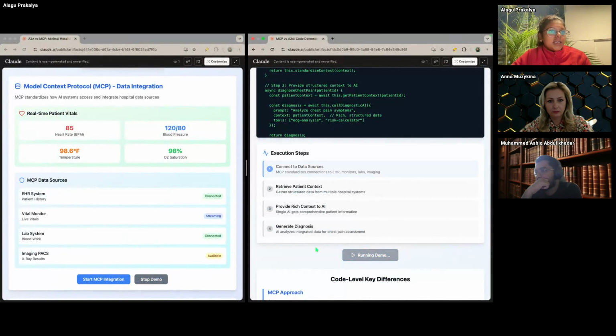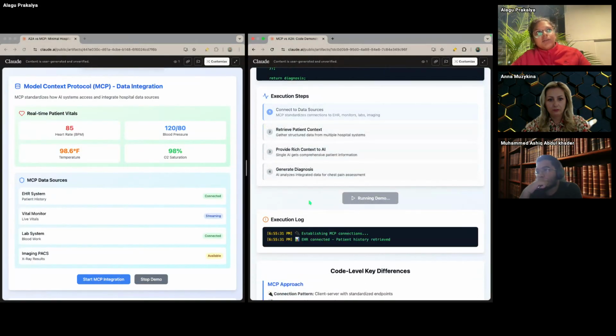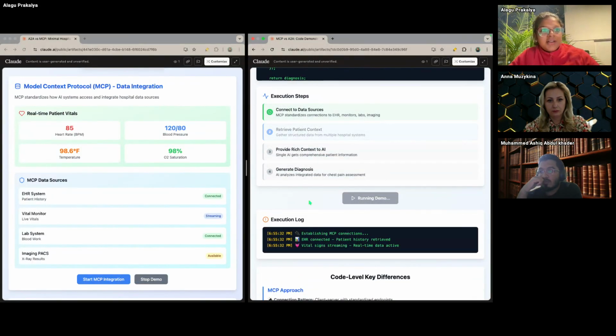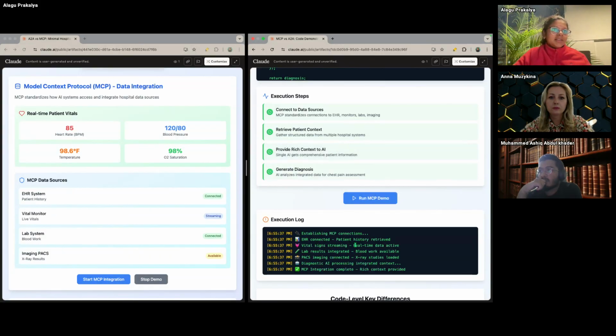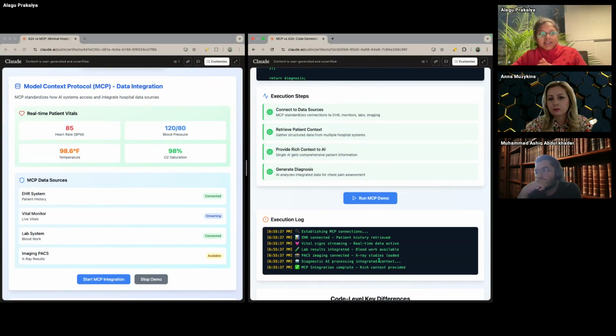And if you see, it will start connecting to the data source, retrieve the relevant patient's context, and then start generating the diagnostic reports. Now, this is good. We will have the baseline information of a patient who's coming into the hospital system itself.